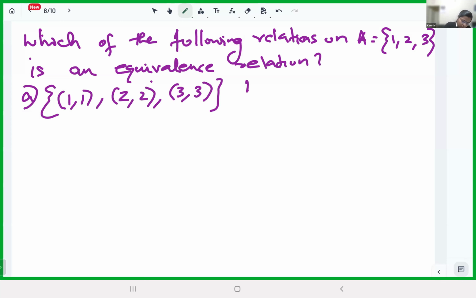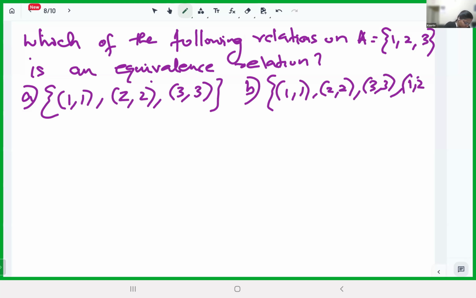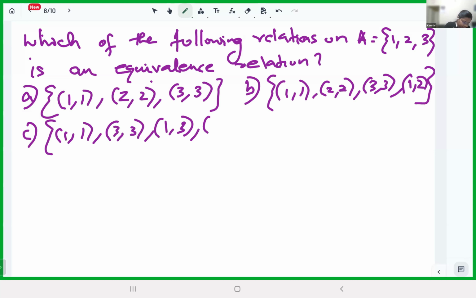The second option is (1, 1), (2, 2), (3, 3), and (1, 2). The third option is (1, 1), (3, 3), (1, 3), and (3, 1). The fourth option is none of these.